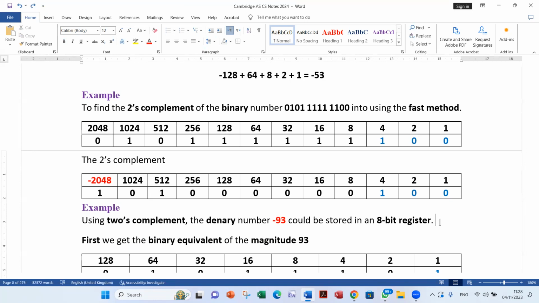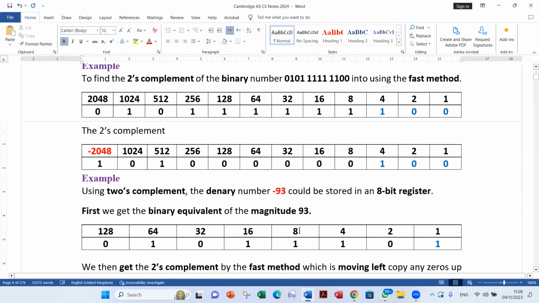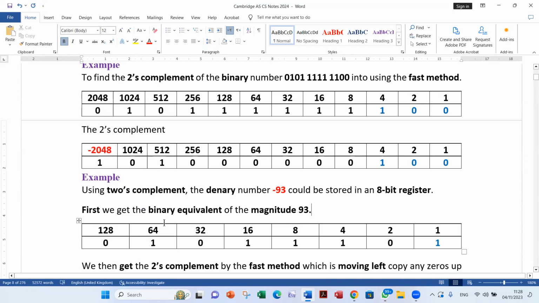My method is as follows. You get the binary representation of positive 93. We call it the magnitude. First, we get the binary equivalent of the magnitude, and here we have 8 bits.